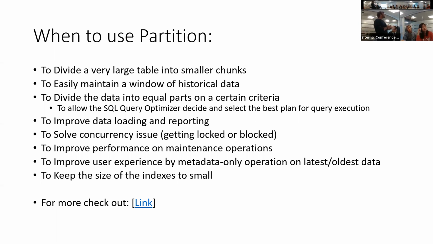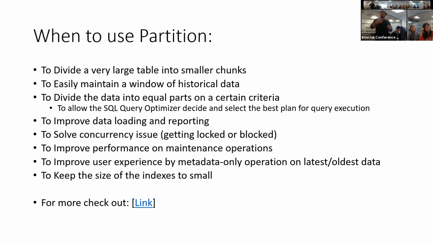And keep the size of the indexes small. Now, I'm not going to talk too much about indexes, but indexes are really closely aligned with partition. That's a big area other than this. But just keep in mind, if you create indexes, they keep getting bigger as the table gets bigger. But if you create indexes on different partitions, the indexes start fresh for each partition.